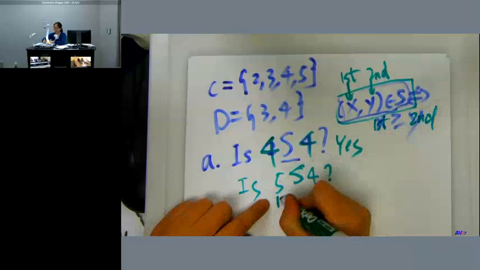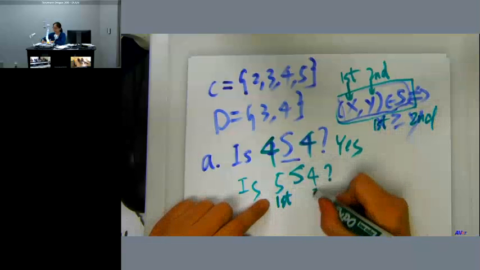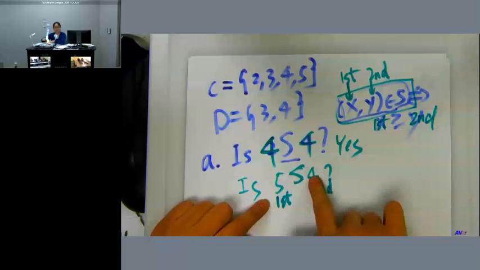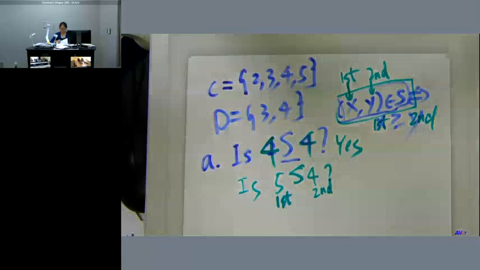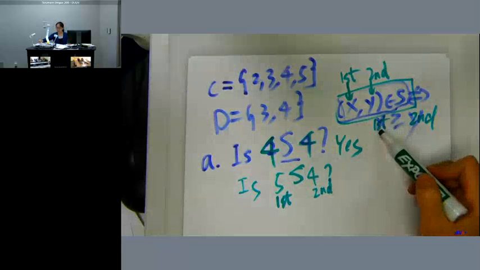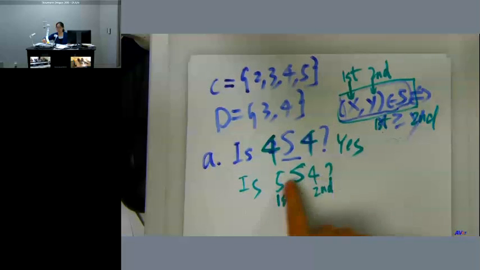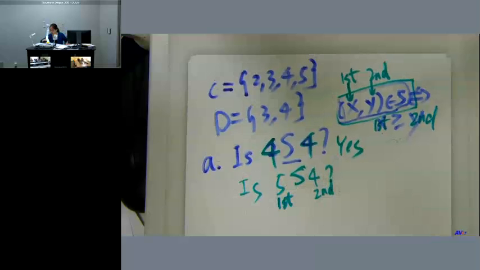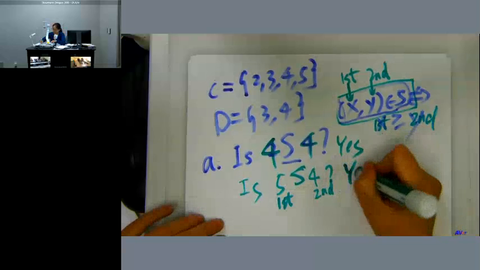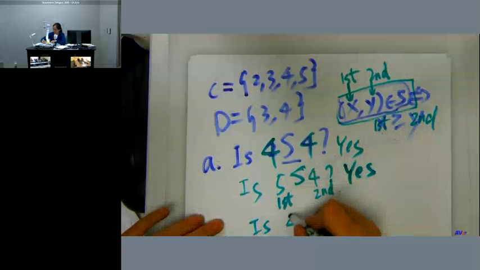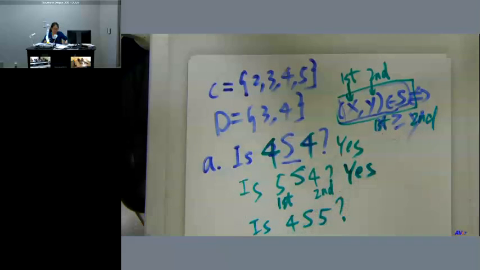So in this case, 5 is the first number, 4 is the second number. So is 5 related to 4? In other words, is the first number greater than or equal to the second number? Oh, I'm sorry. Yes. Okay. I was thinking less than. You're right. Sorry.